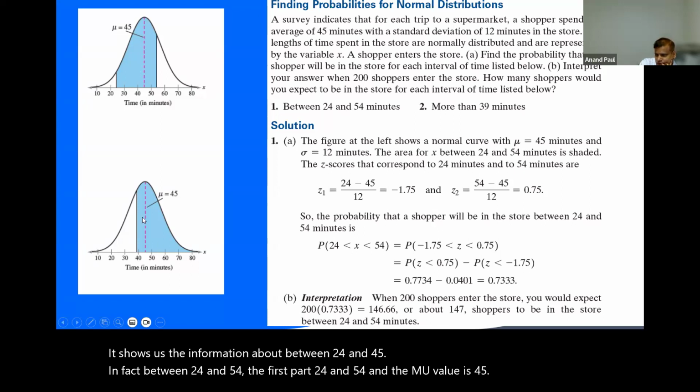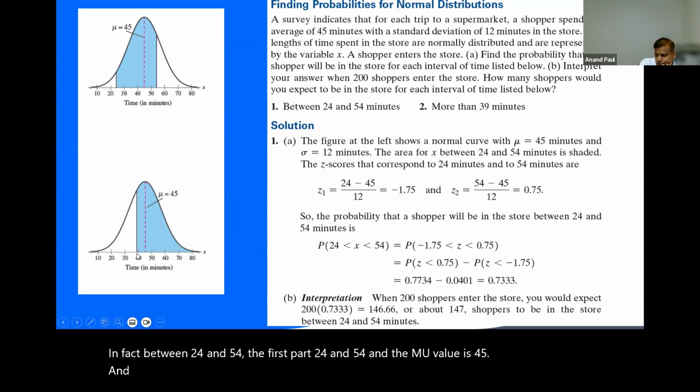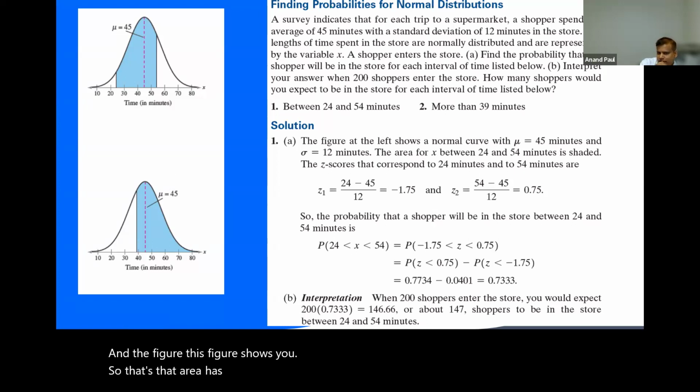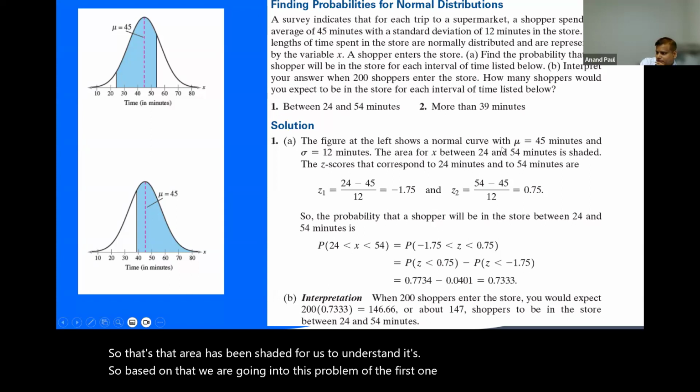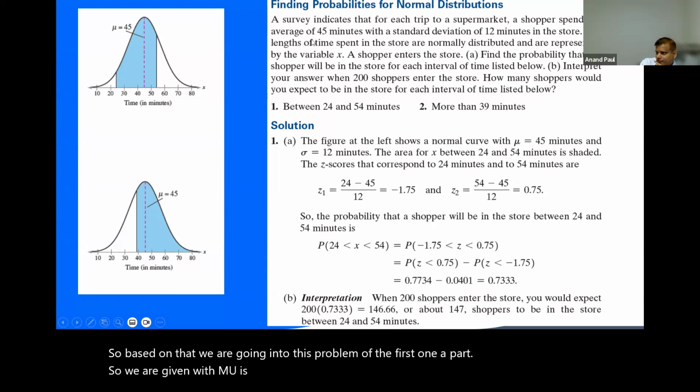And this figure shows you 39 and more. That area has been shaded for us to understand its pictorial representation. So based on that, we are going into the first problem, the A part. We are given mu is 45 minutes, and the standard deviation is 12 minutes.